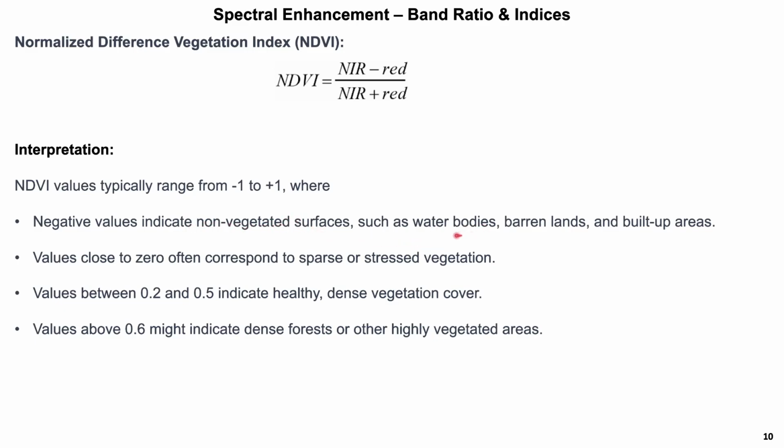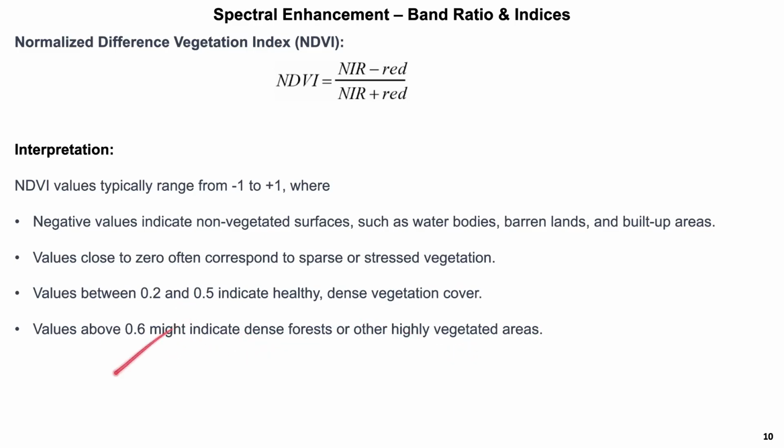It may be any kind of land use, water body, barren land, and built-up areas. We will not be able to differentiate that. Values close to zero represent shrubland kind of areas where the density of vegetation is very low, or it might be in stressed condition. Values between 0.2 and 0.5 indicate healthy dense vegetation cover, and values greater than 0.6 might indicate forest.